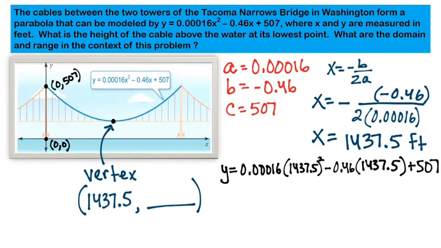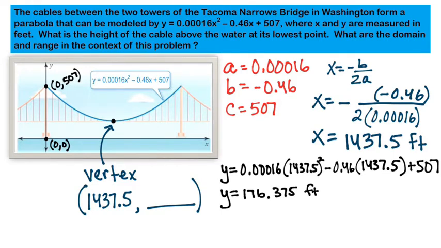So I've substituted the A value in for A, I've substituted the B value in for B, the C value in for C, and I've substituted our x value that we found in the first step in for x. So the y-coordinate of our vertex, when you type that into your calculator, will be 176.375 feet.